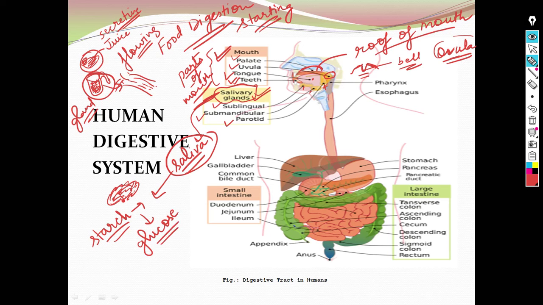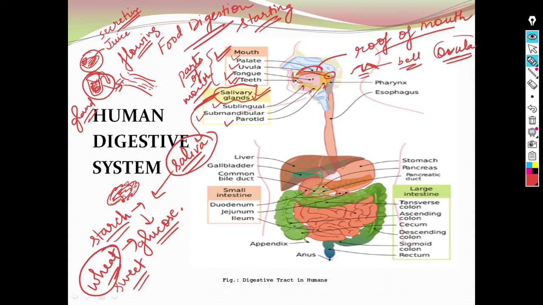And this is the reason why when we are eating chapati for some time, you feel that it tastes a little bit sweet after eating for some time. Why? Because the starch which is present in wheat gets converted into glucose.